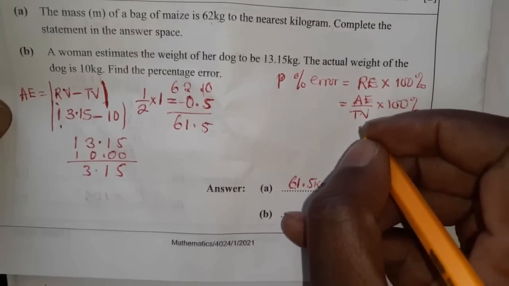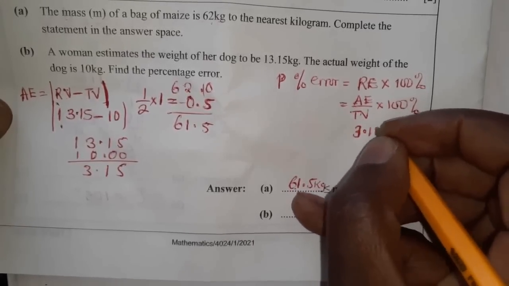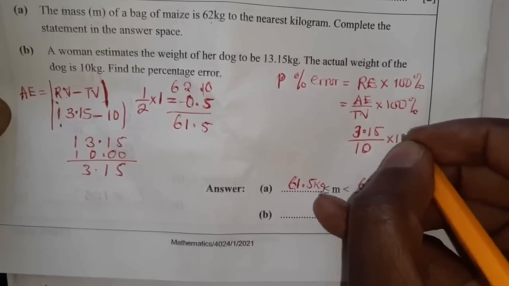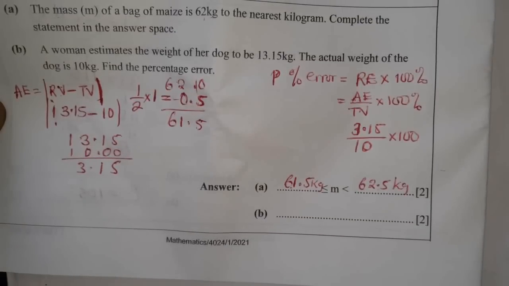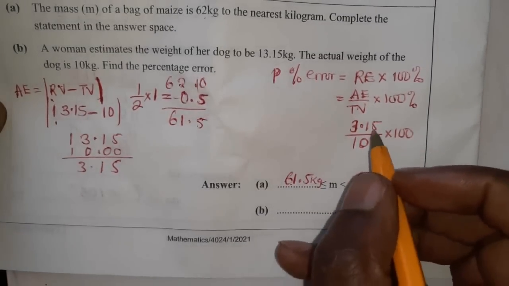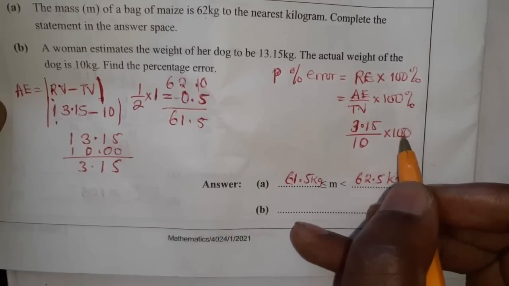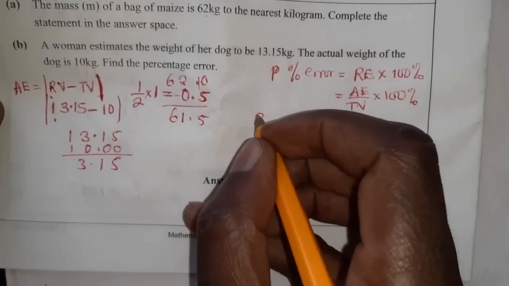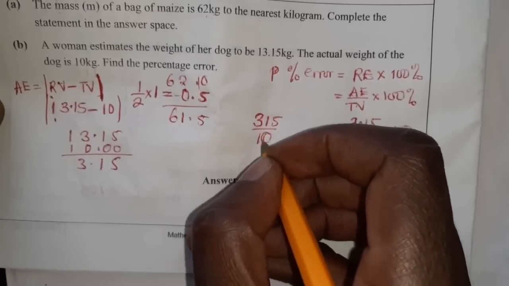The absolute error is 3.15 over the true value, which is 10, multiplied by 100. Then you should know that when you multiply 100 by this number here, we're going to get 315 over 10, isn't it?